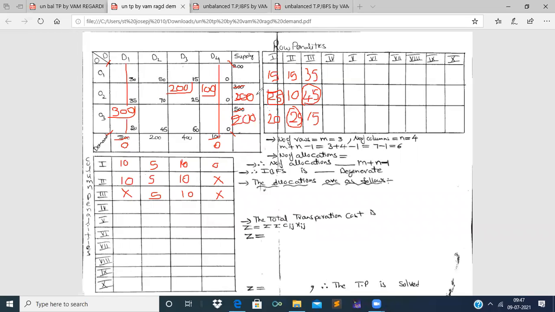And now we strike off 200. We get 0. And we strike off 200 from 400. We will be left with 200 demand. And now the second row supply is exhausted. That means it is 0. Therefore, we strike off the second row.